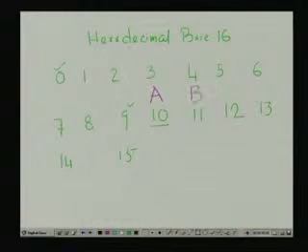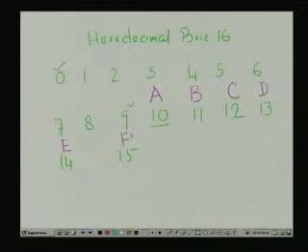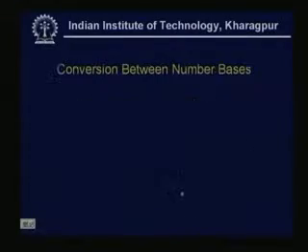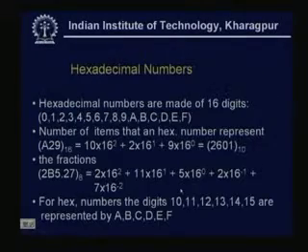Similarly, B means 11, C means 12, D means 13, E means 14 and F means 15. So, 0 to 9 and then A, B, C, D, E, F, these are the 16 distinct symbols used in our hexadecimal numbers.